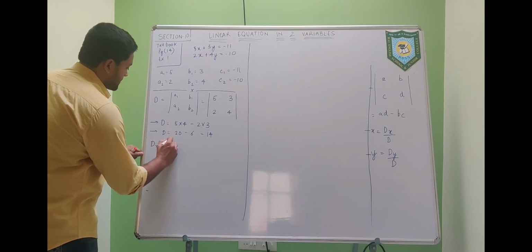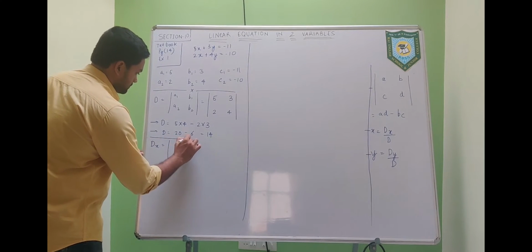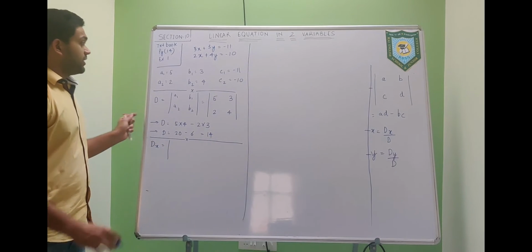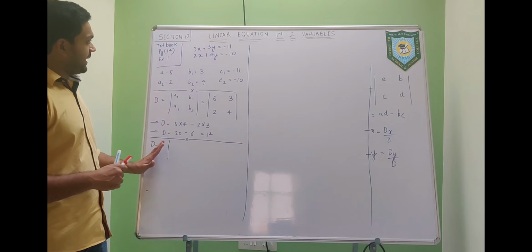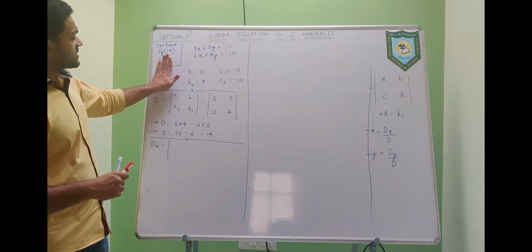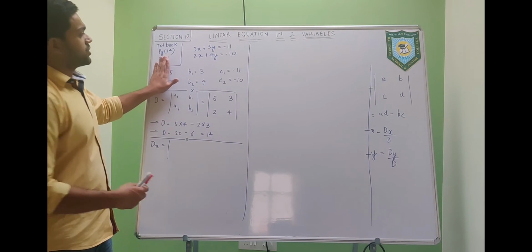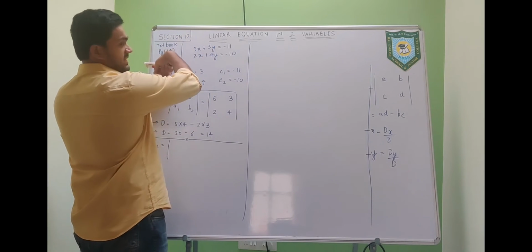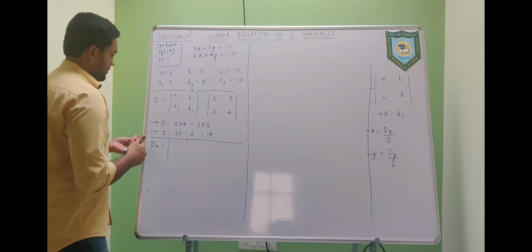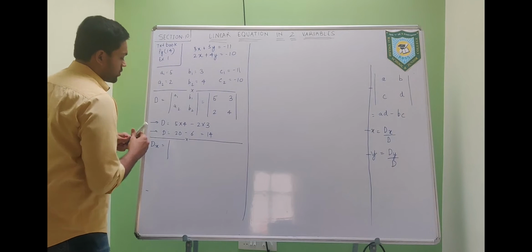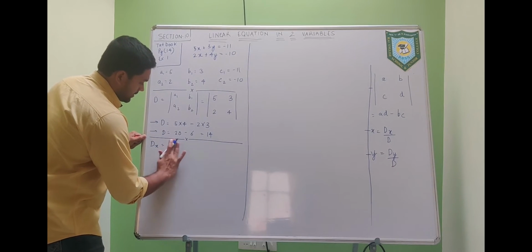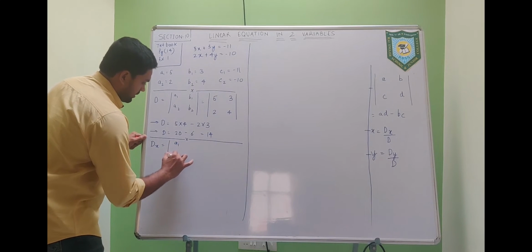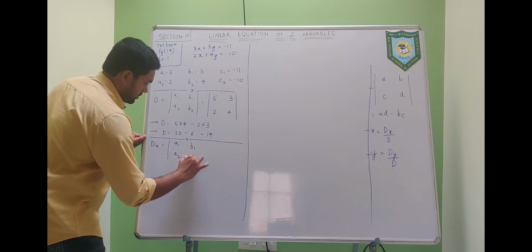Now for dx, as we have learned in linear equations, in order to find x, I need to hide this complete section, and then C1, C2 replaces this particular area. So now once A1, A2 is gone, I have A1, A2, B1, B2.